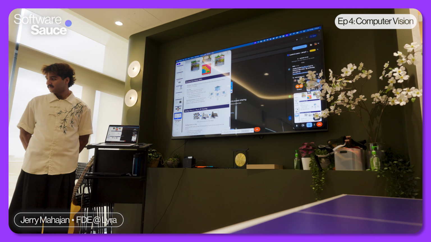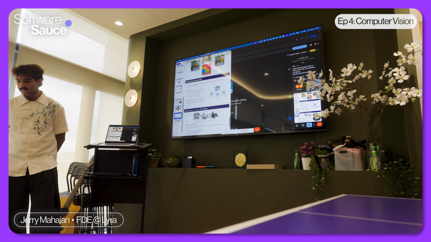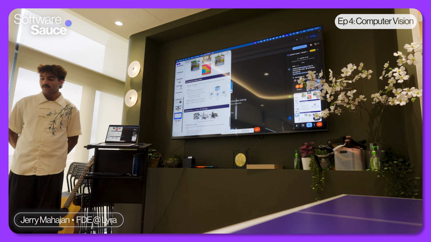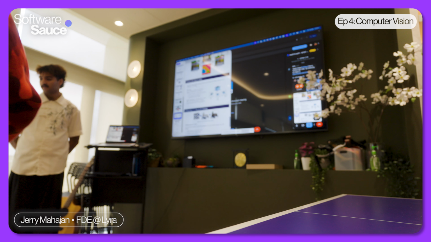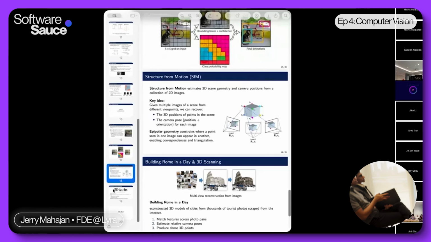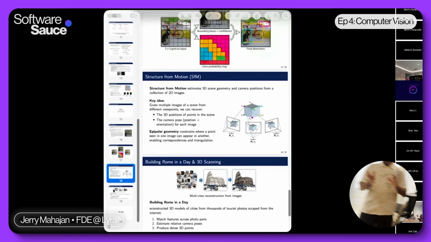Okay. For Building Rome in a Day, I'm assuming you have to keep the whole object in view when viewing it from different angles. When they pull images from the internet, they're probably zoomed in and don't have context of the others. So how did they connect these unrelated pictures? Actually, you don't need the whole image, because we're matching features.